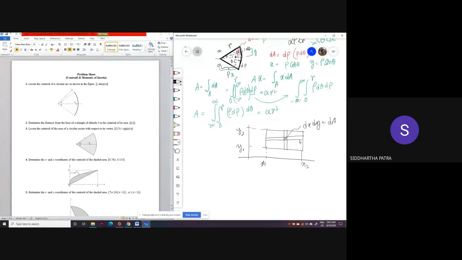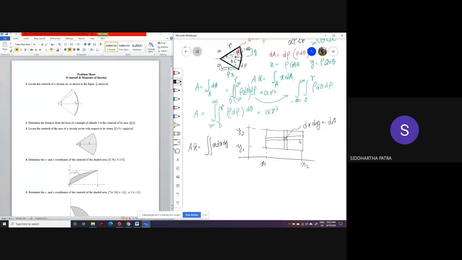No matter which integration I am doing, whether integration of x dA or y dA or simply integration of dA. In this case, let's say I try to do A times x bar, so I write x times dx dy.